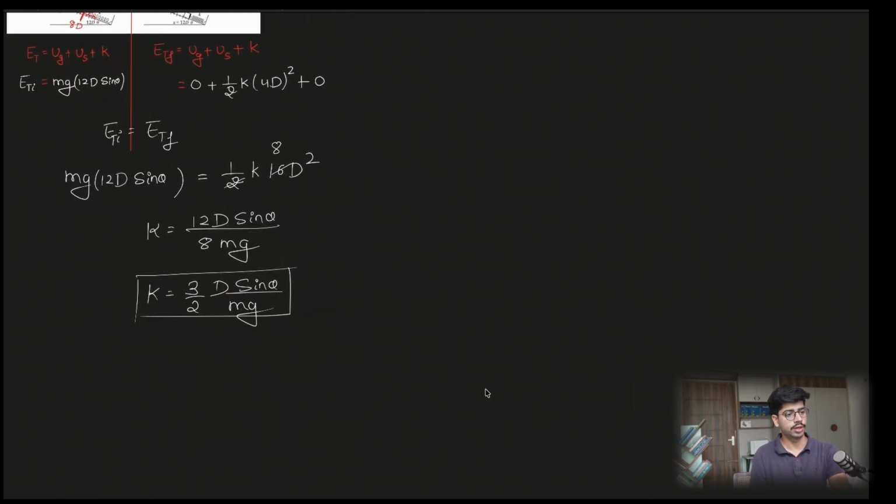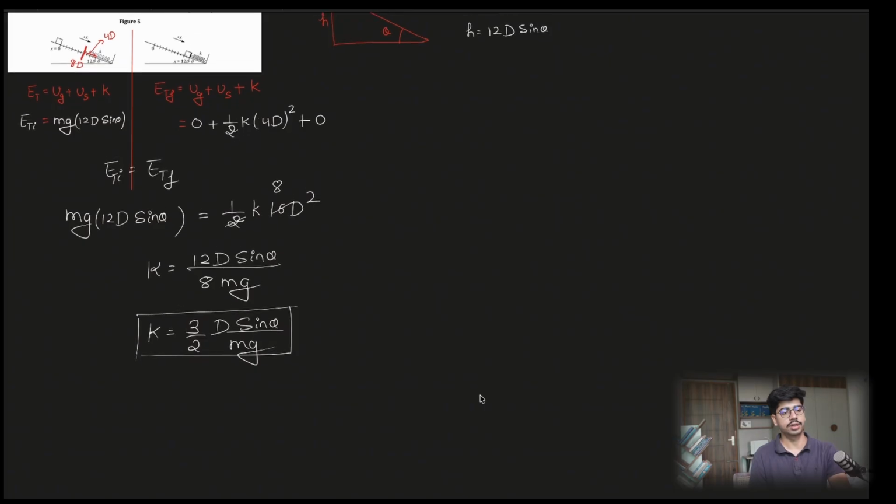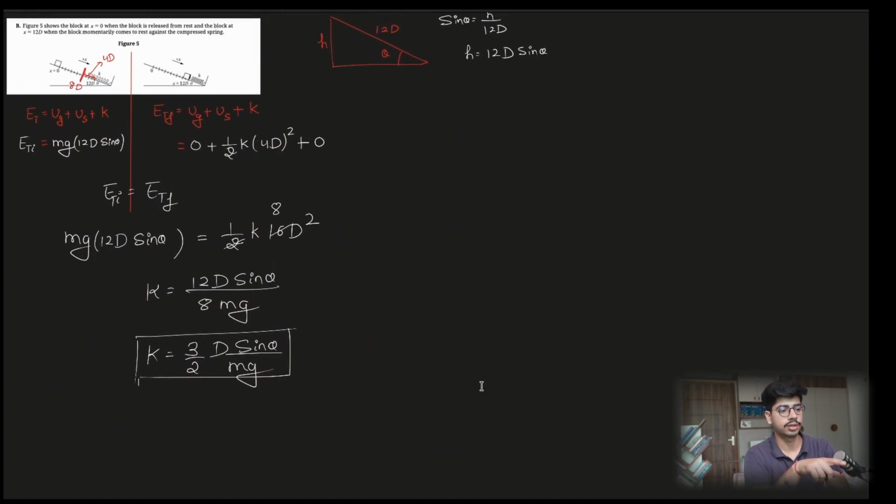So this is the k value that I get. Please check if we haven't made any mistake in calculating or reshuffling. This is how we calculate the spring constant value, simply by conservation of energy.